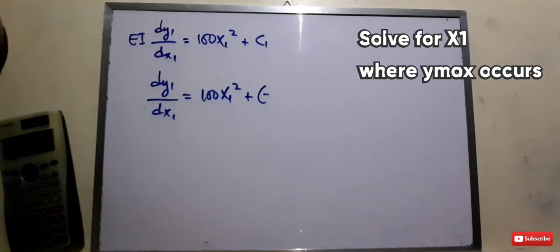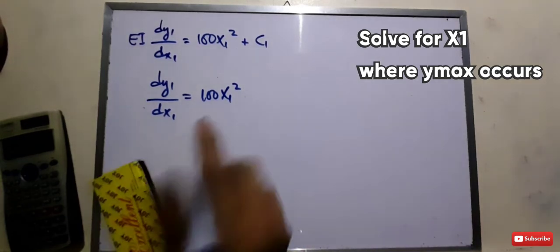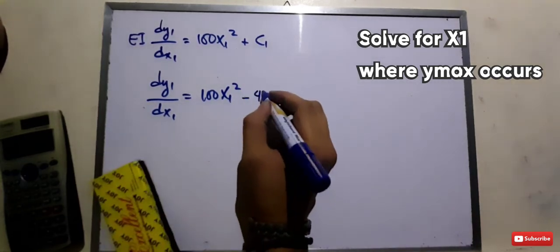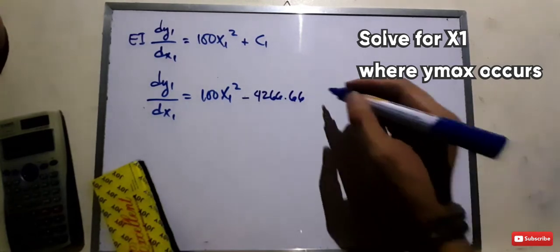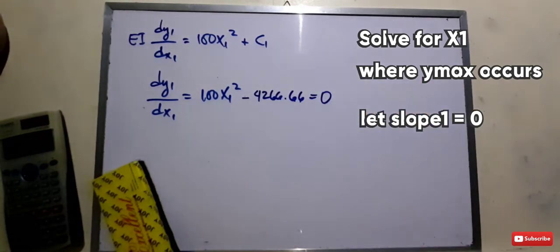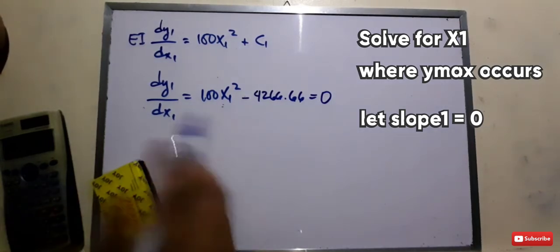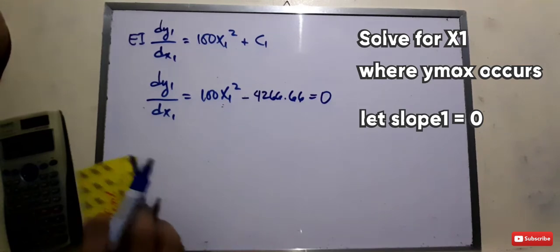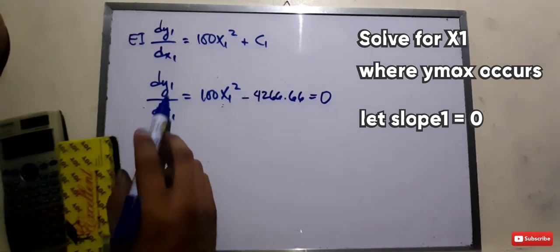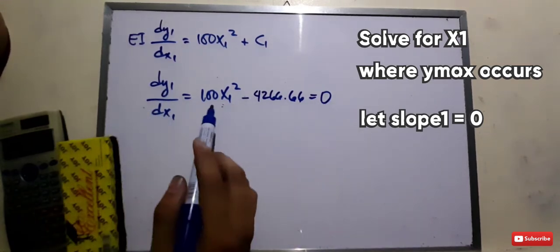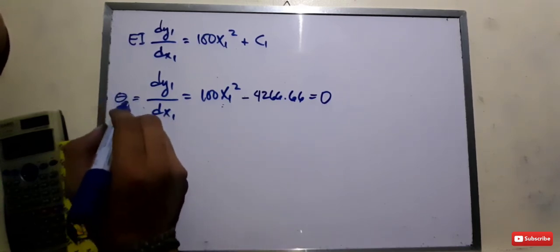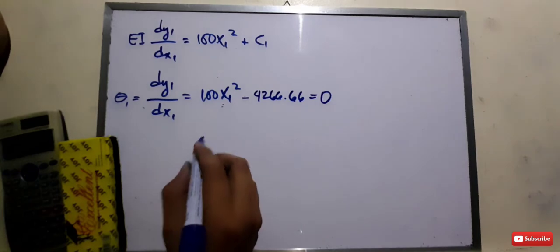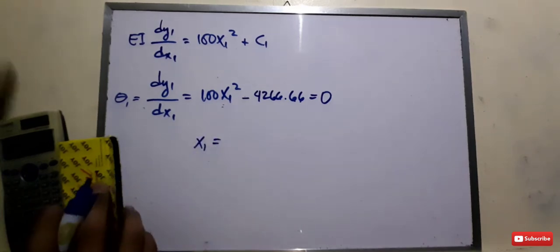Diretso na lang natin, no? Negative na lang natin agad. You have negative 4266.66 equals 0. So, makukuha natin ngayon is yung x na value. So, saan matatagpuan yung maximum na deflection? So, dy1 over dx1 equals 0. Kasi sa maximum na deflection, 0 yung slope natin. So, this is slope 1.